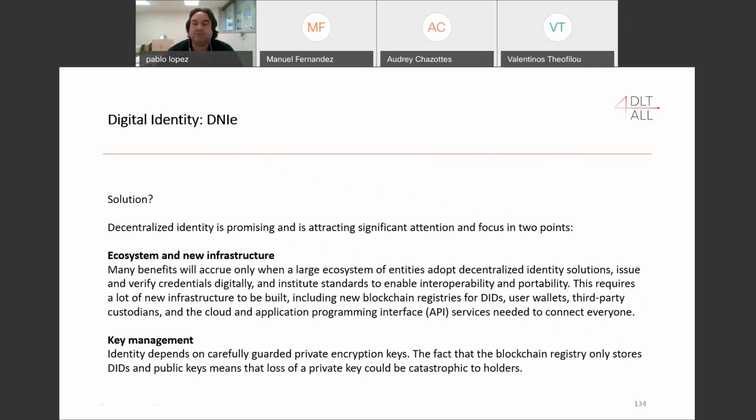The fact that the blockchain registry only stores digital identities and public keys means that loss of private keys could be catastrophic to holders. Think about if someone loses or gives to another his private key, he will be losing his identity. So it's a situation that we have to manage.